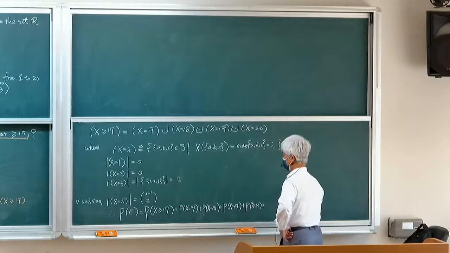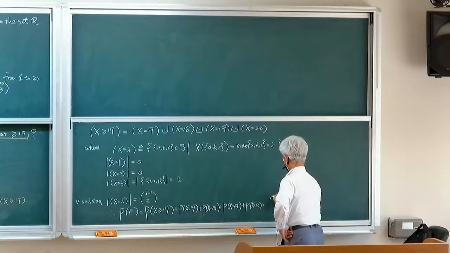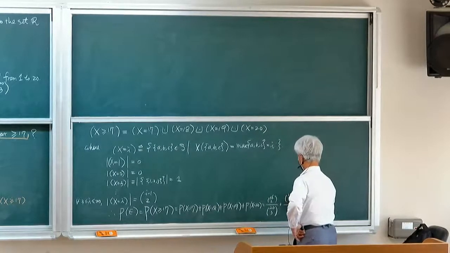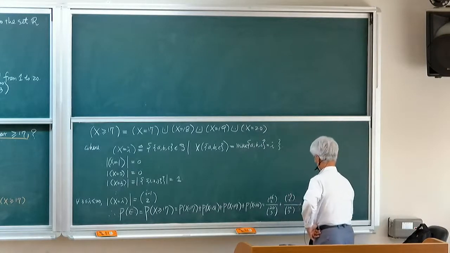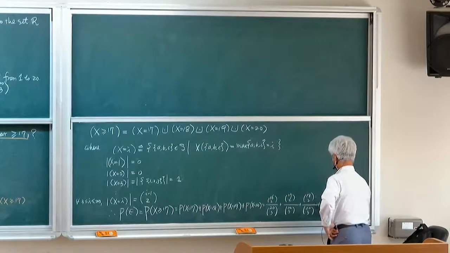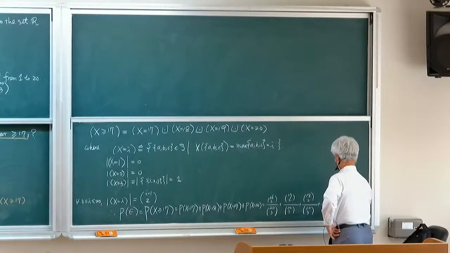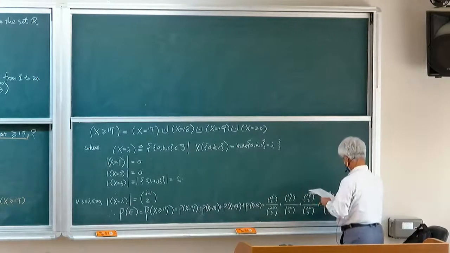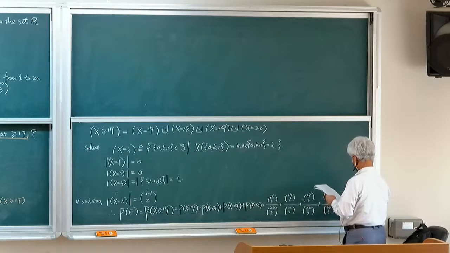So that is 16 select 2 over 20 select 3, plus 17 select 2 over 20 select 3, plus 18 select 2 over 20 select 3, plus 19 select 2 over 20 select 3. And the result would be 0.508.